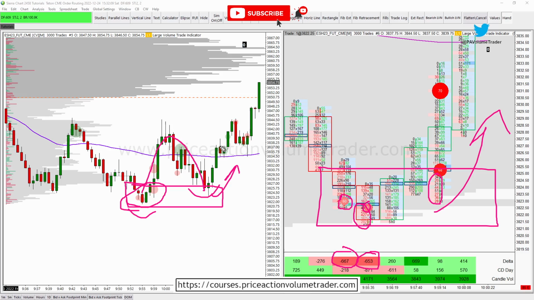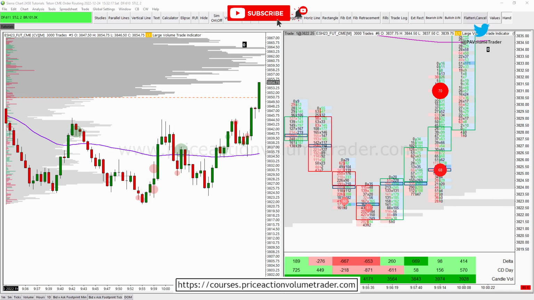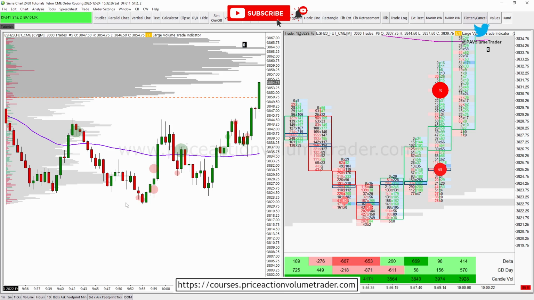And then you can see some large buyers again coming in with the momentum pushing this up, and then this just takes off.